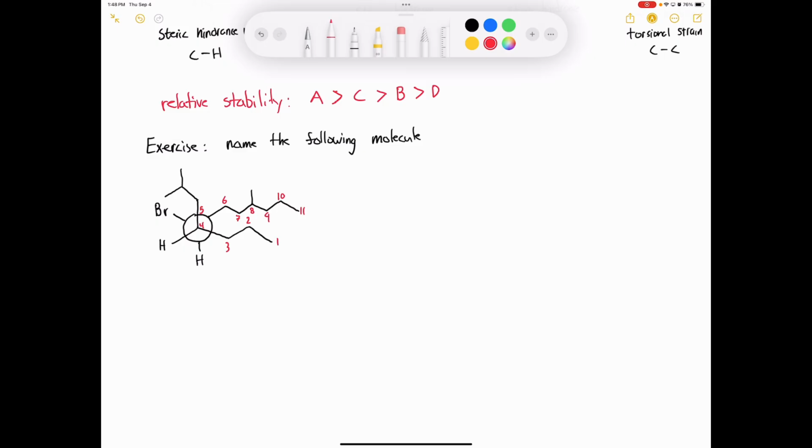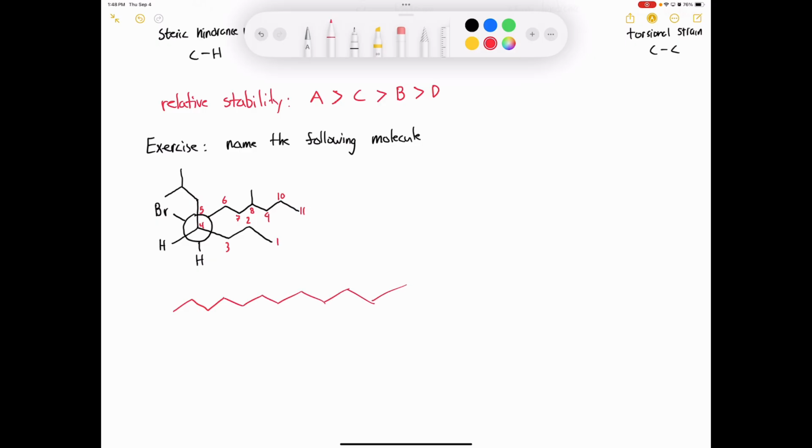It might be tricky to try to name it this way, so what I would do is redraw this as a skeletal structure. Draw a chain that's 11 carbons long. Man, I can't draw on here. 1, 2, 3, 4, 5, 6, 7, 8, 9, 10, 11.